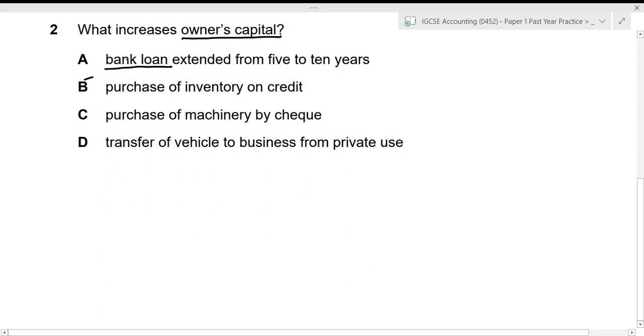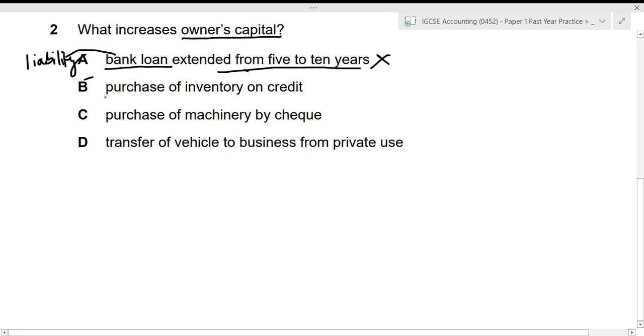So which head of account is this one? Bank loan extended. Whatever extension is going to happen, bank loan itself is a liability. So this is definitely not a capital. So this is out.